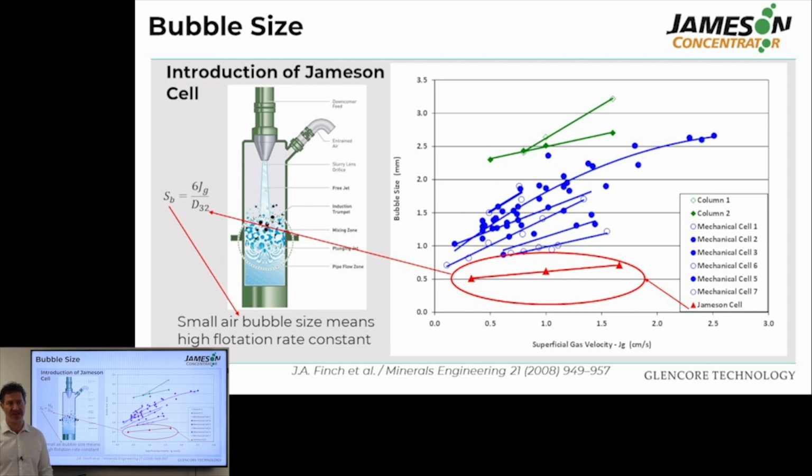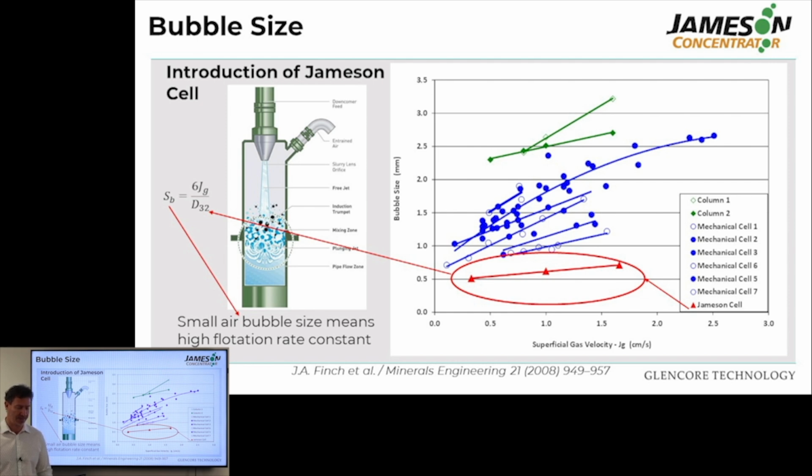Because it entrains air, it creates vacuum, and that's why Jameson Cells can operate without a blower, because they are self-aspirated. In the high shear mixing zone, very fine bubbles are generated. On the graph on the right side, you can see the size of the bubbles generated in a Jameson Cell compared to other technologies.